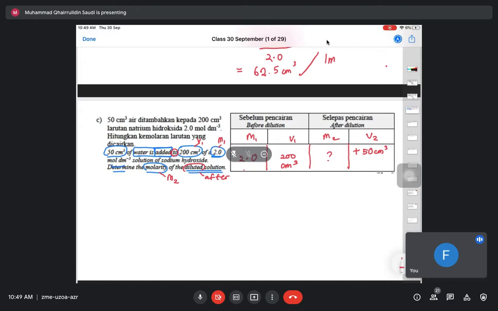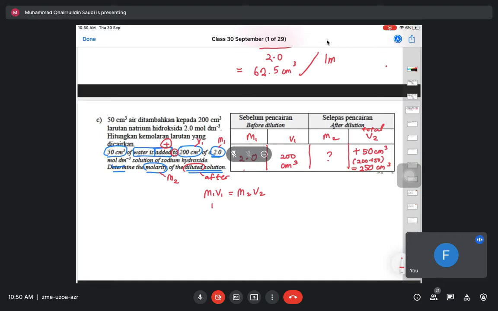So what is our V2? 250. Good. 200 plus 50, meaning the after is the total. Bila dia kata added, maksudnya tambah. So 250 centimeter cube.